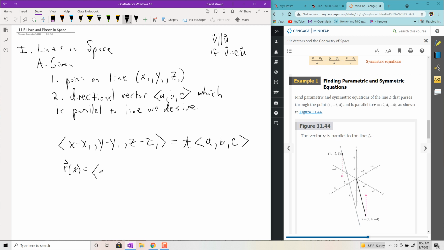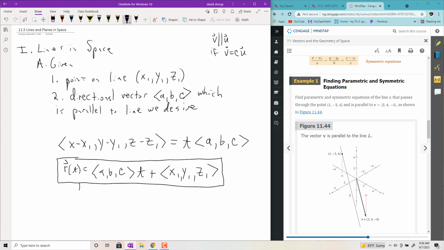The slope, basically a, b, c, t plus this initial value x1, y1, z1. Okay, so this is not given, but in other books it is. It's the vector equation of a line.